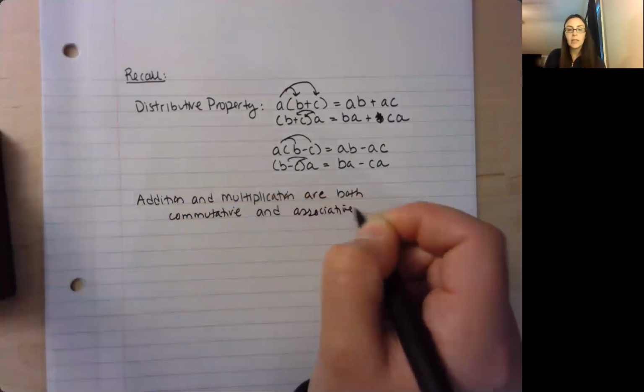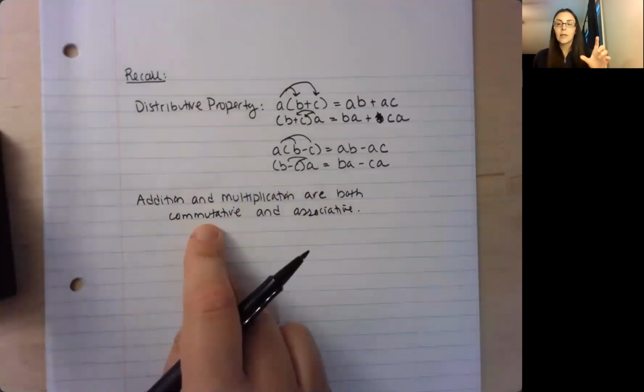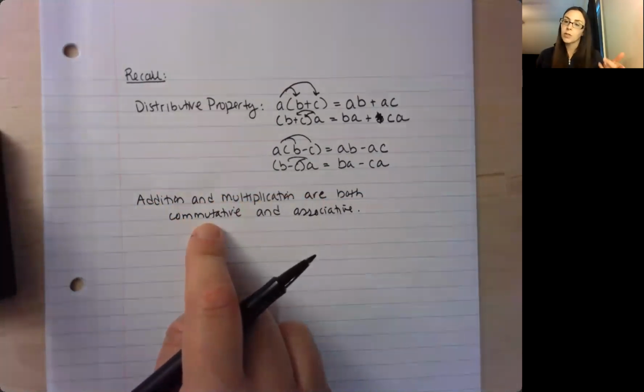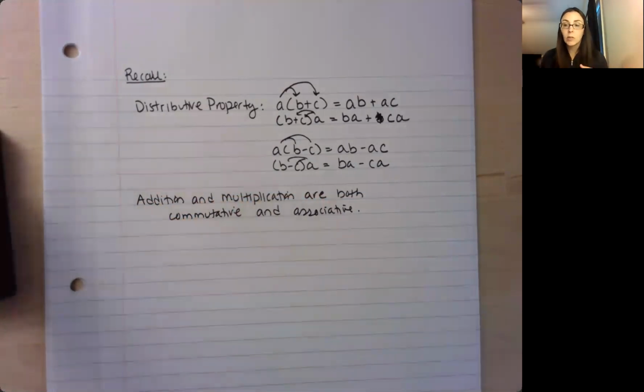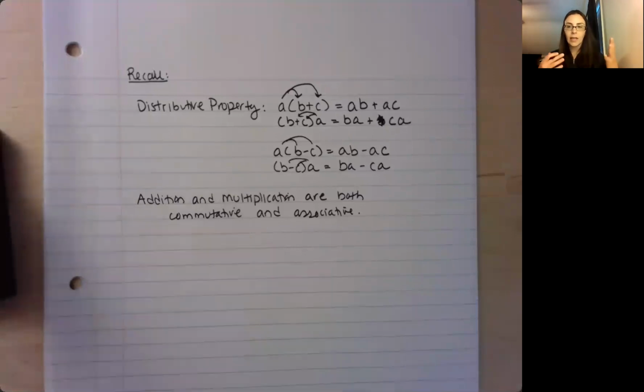Okay, so remember, commutative means that you can rearrange the order. Something like 2 plus 3 and 3 plus 2 are the same thing. Also works for multiplication. Associative is about the grouping, so you can regroup as well. Again, if it's all addition or all multiplication. So I'm not going to rewrite all those down here. Again, just a reminder that if you have just addition or if you have just multiplication, you can rearrange things, and that's perfectly fine as well.